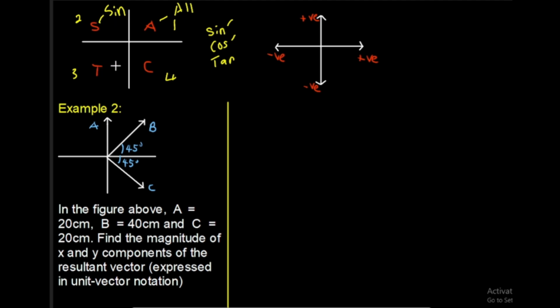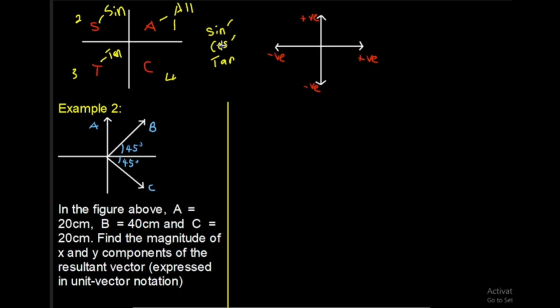Now, if you come to this quadrant here, we have T. All right, T here stands for tan. All right, that's to say only tan is positive in this quadrant. So if you have a vector falling in this space here, between this line and this line, if you're resolving vertically, that's using sine, the vector will be negative because only tan is positive.